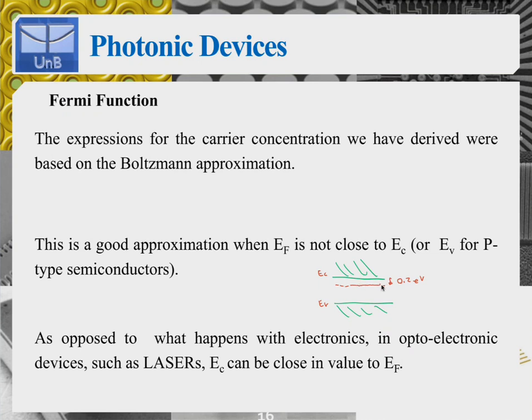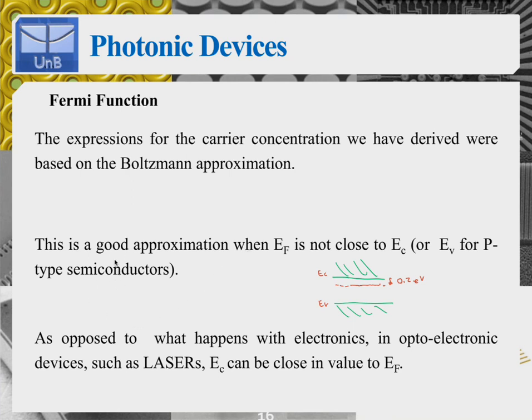This will happen if you dope the material too heavily, either a P-type material with acceptor impurities or an N-type material with donor impurities. If you dope it with, let's say, 10 to the 20th dopants per centimeter cubed, or even larger, it might happen that the Fermi level comes too close to either band edge right here. And then these expressions that we have found will not be good approximations.